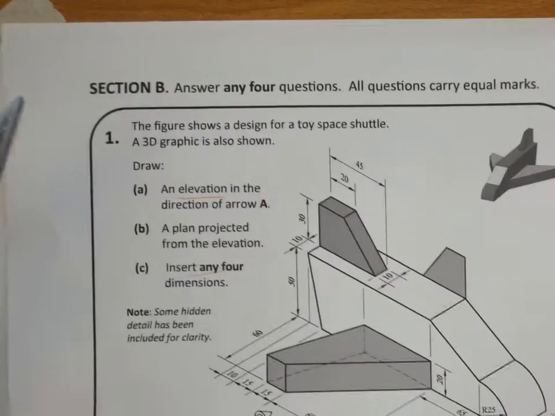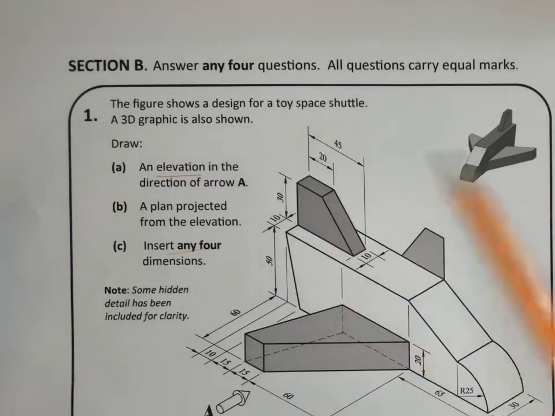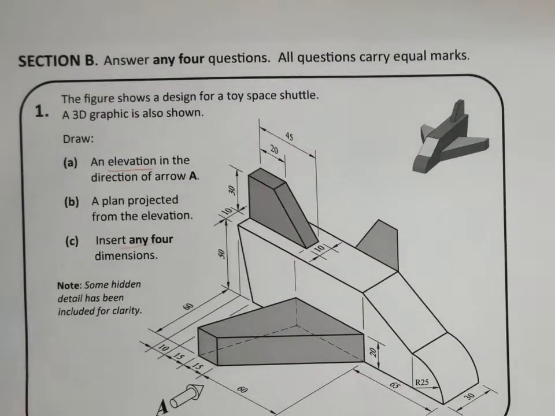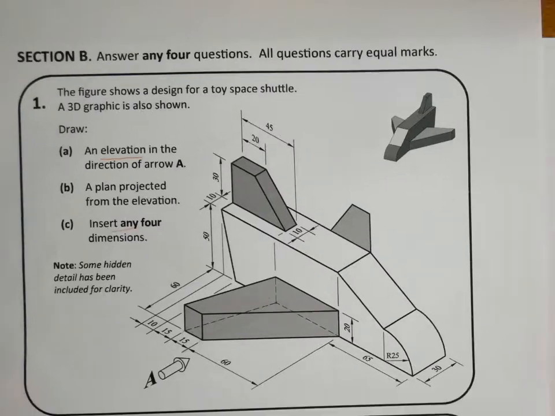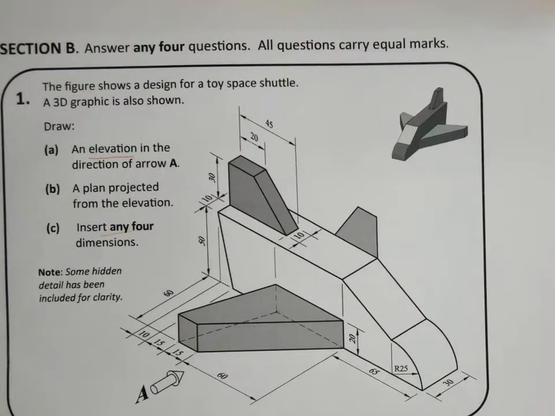So up to the top left here on my page, I'm going to draw a square grid that the elevation fits into. The height of the elevation is 50 plus 30, which is 80, and the length of the elevation is 65 plus 60 plus 45.